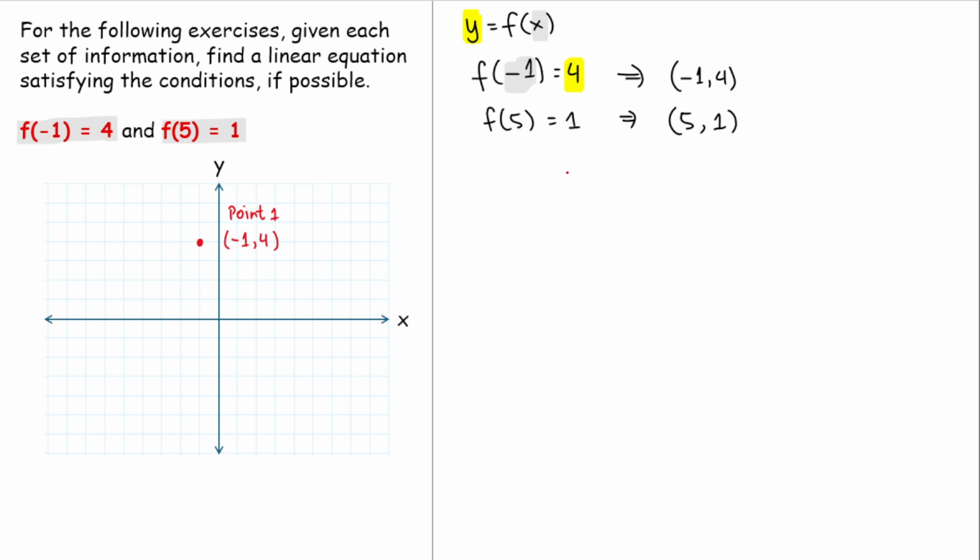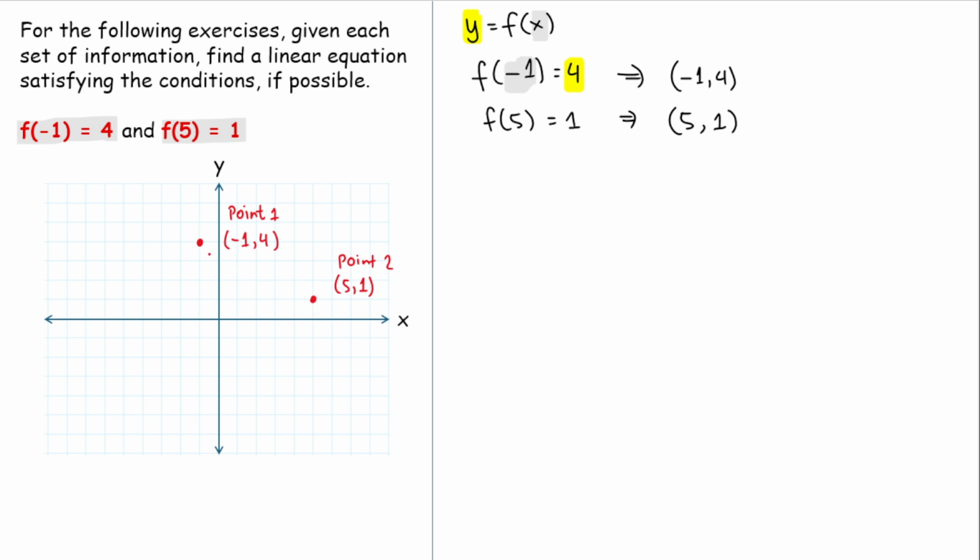Okay, and then the second one is 5 comma 1. So we have 1 2 3 4 5, and then 1 here. Okay, so I will have 5 comma 1 here, and let's use this as point number 2.